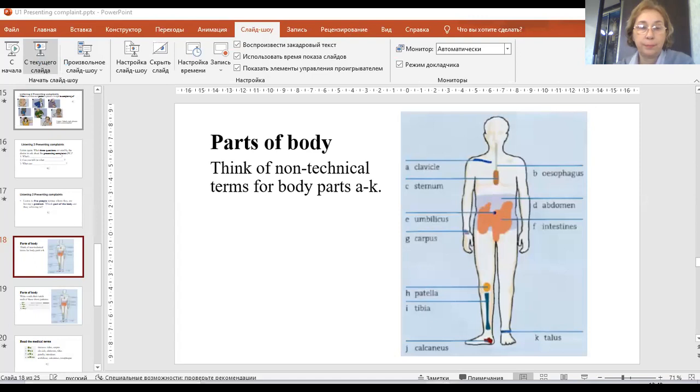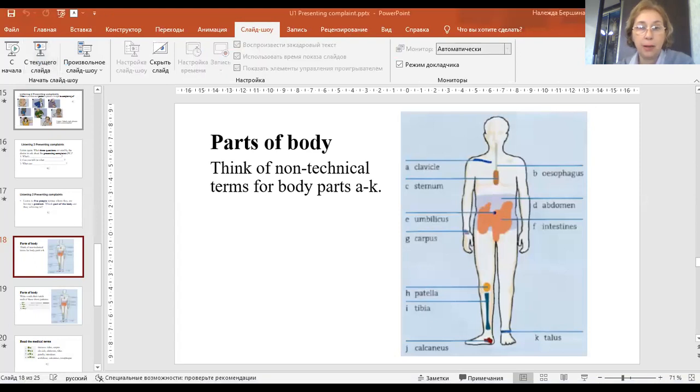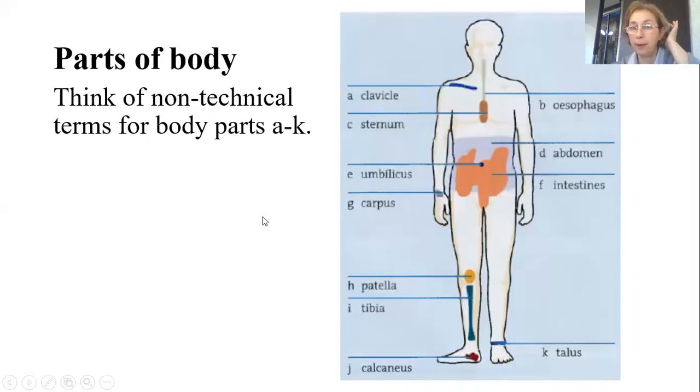So I can see it full screen. Okay. Now you can see the slide full screen, right? Yes. Okay. So Mustafa is coming, okay.